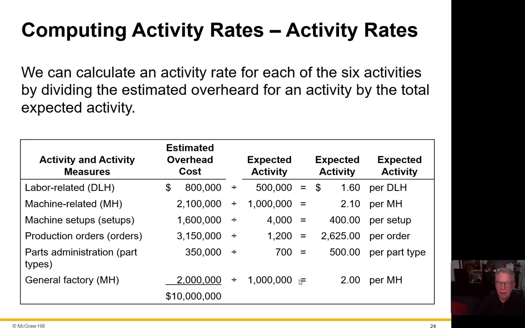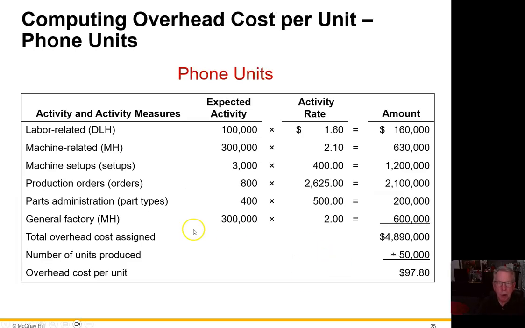Okay, now that we've got that, we can apply that to our two products. Here's our expected activity and our activity rate and the amount of overhead that we're going to use on the phone units.